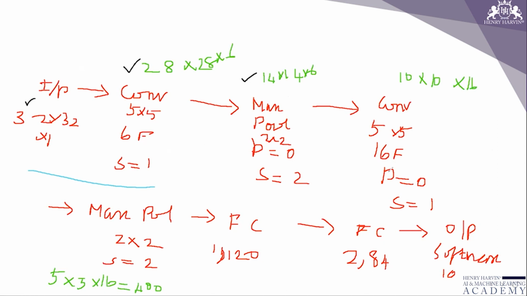So now we are using padding 0 over here, and stride is also equal to 1, so we are not going to bother about it now. So 14 minus 5 plus 1, comma, 14 minus 5 plus 1, right? So what will be the answer now? 9 plus 1 is 10.